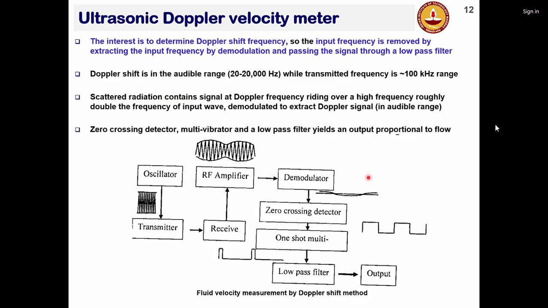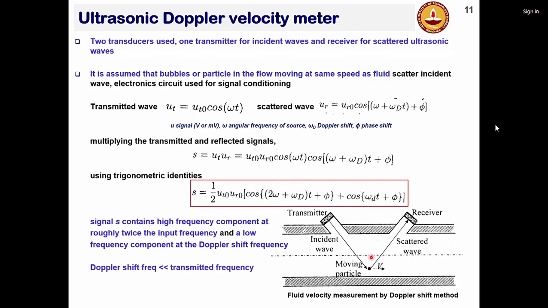If that is so, then this technique would not work, because it relies on scattering of waves from some kind of particle. And if there is no particle, then what people do is they introduce some particle.